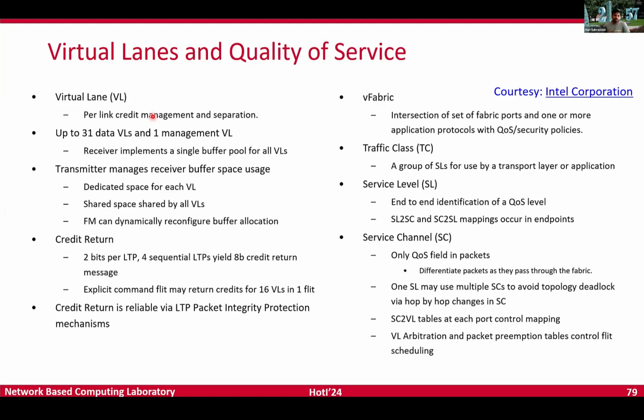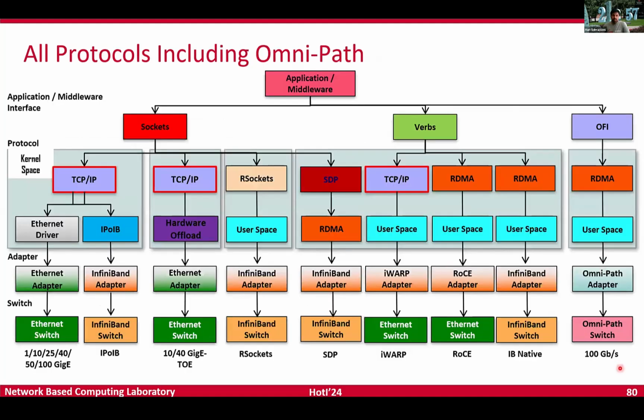The Omnipath specification supports up to 32 virtual lanes, but the basic process of providing differentiated quality of service is similar. And with the advent of the Omnipath network, we have a new higher level interface called OFI, or Open Fabrics Interface. And we have a different underlying communication protocol as well.